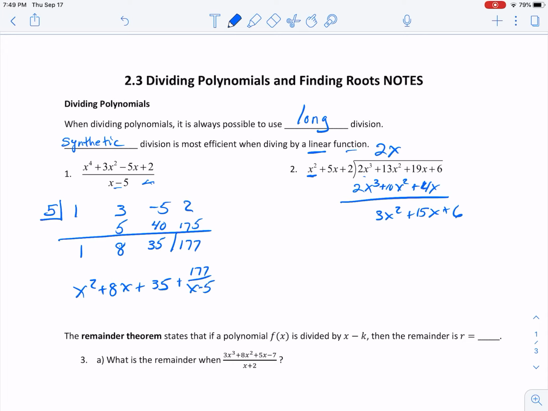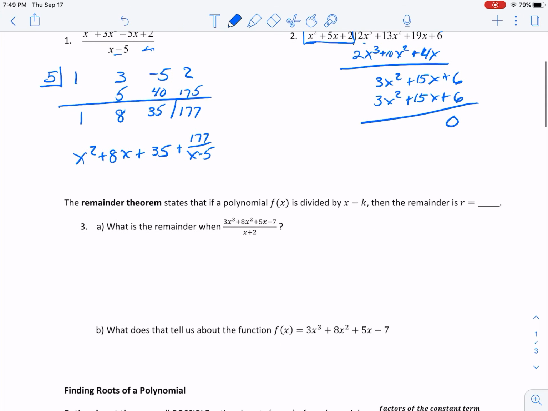To get 3x squared, I'm going to multiply by 3, so I get 3x squared plus 15x plus 6. Subtract, you get 0. So there's one of the factors, and here's the other factor. Okay, that's your answer.